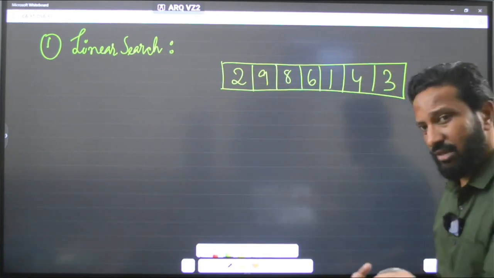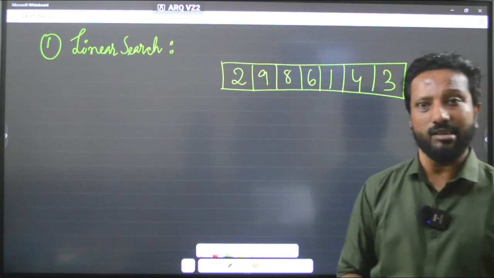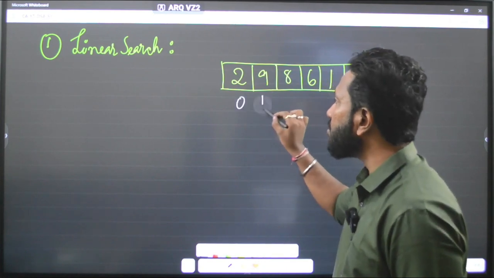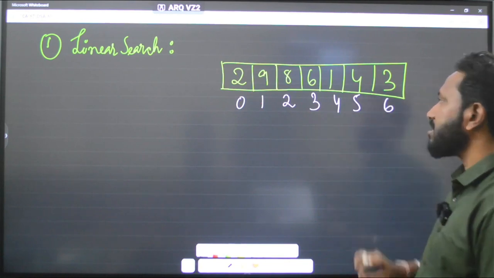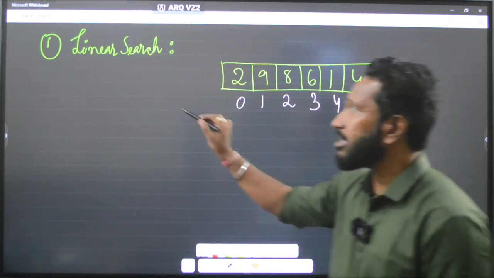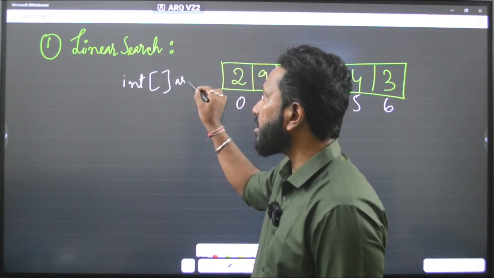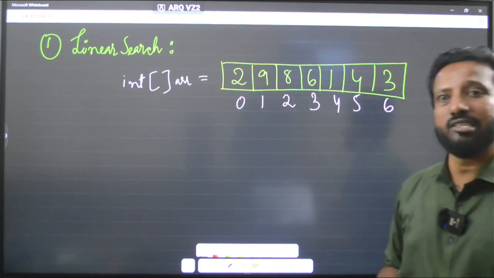Random values. You can have negative numbers, it does not matter. You can have any element in the array. Now, indices 0, 1, 2, 3, 4, 5, 6. These are the indices. This is your array, int ARR is equal to this. Not curly brackets, I have just written the block shape diagram.